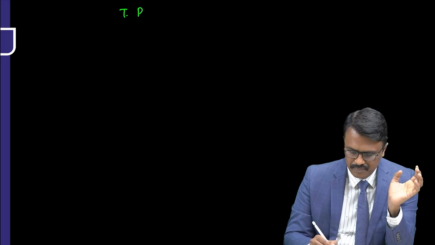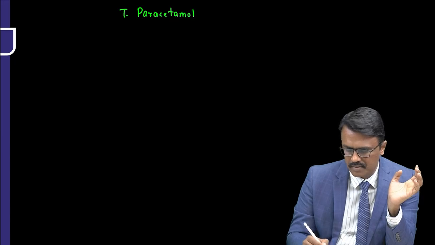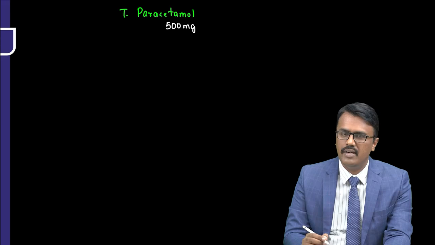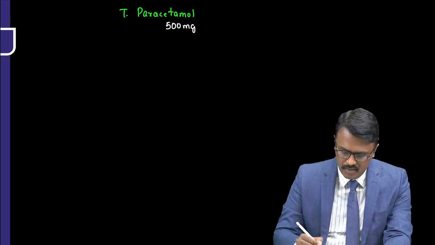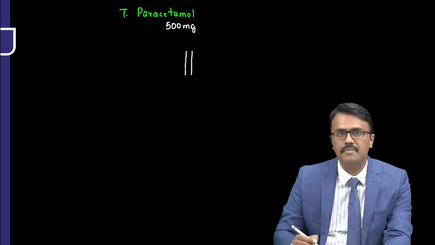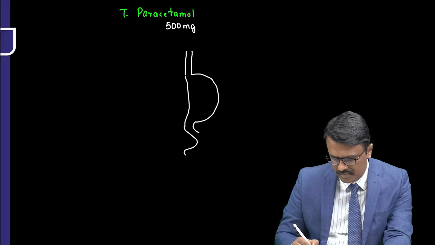So let us take the example of tablet paracetamol, and with that we'll learn what happens to the drug when it is taken. So let me take the example of paracetamol 500 mg. Now when the drug is taken, it moves through the esophagus, then this is the stomach, and this is the intestine.